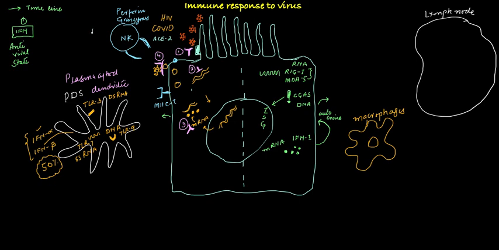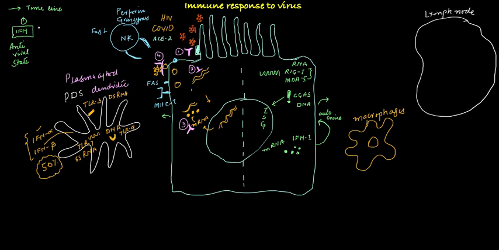Another system is Fas ligand, produced by these natural killer cells, and it's going to bind to the receptor on these epithelial cells, which is called Fas receptor or death receptor, and once they bind to each other, it will result again in the apoptosis of these virally infected cells.